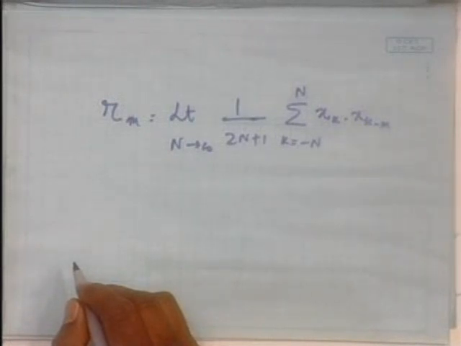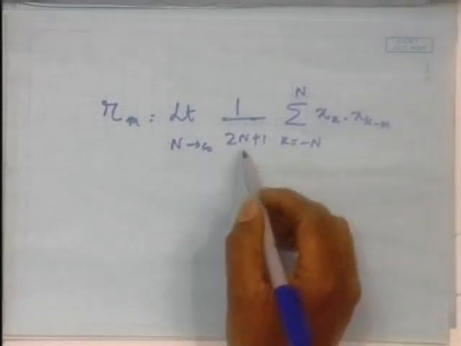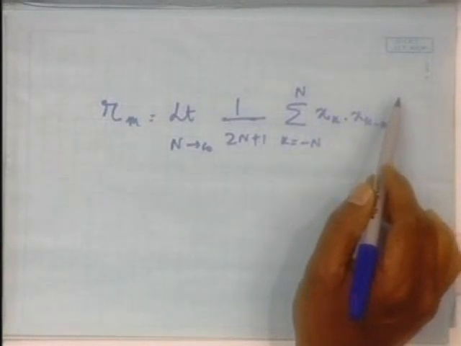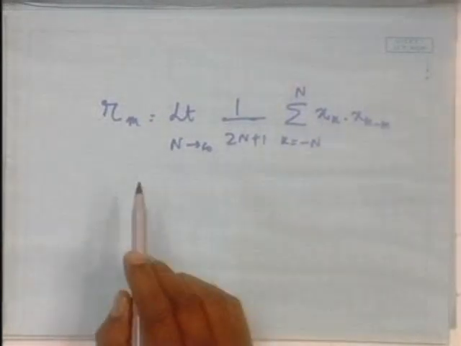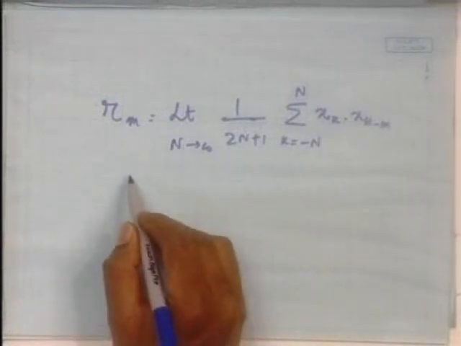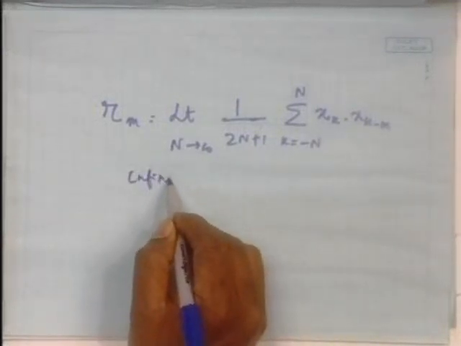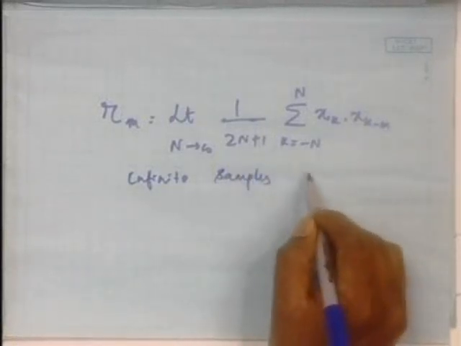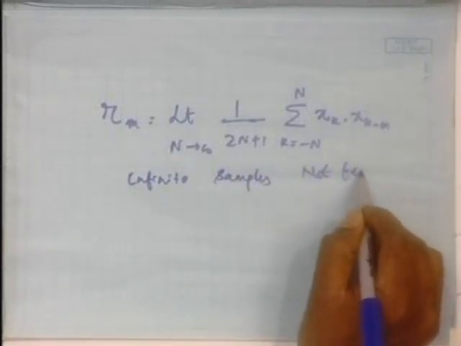Is that clear? So n tending to infinity means it is covering the whole thing. But generally you cannot have an infinite number of samples, it is not feasible. So you will have some finite number of samples.